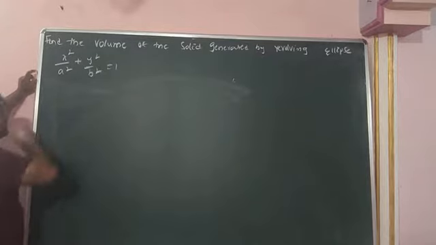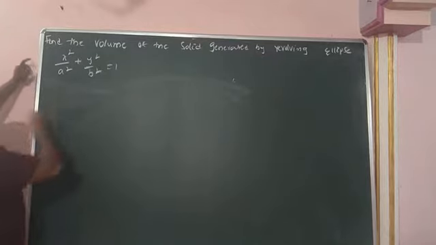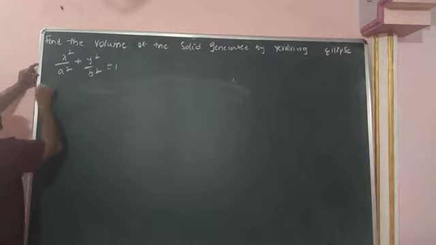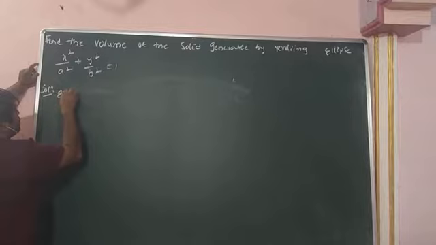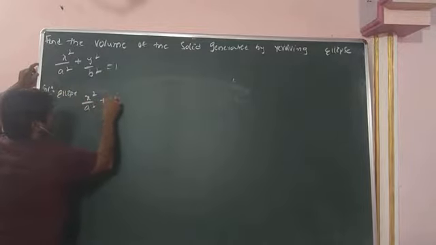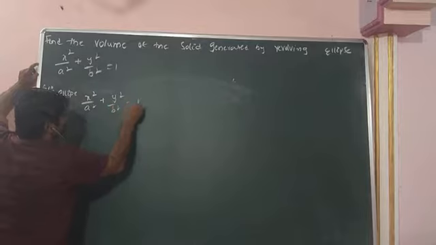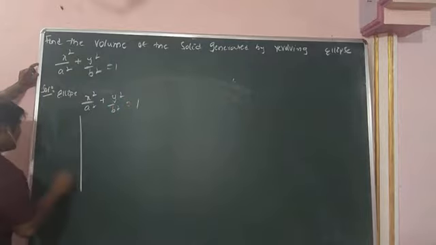This can be written as, the solution is the ellipse. What is that ellipse? That is x square by a square plus y square by b square is equal to 1.